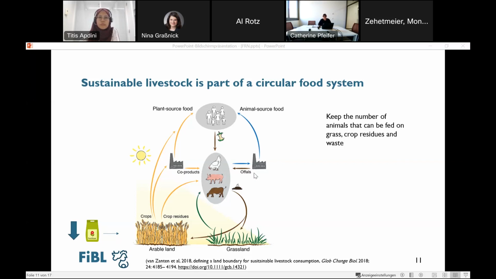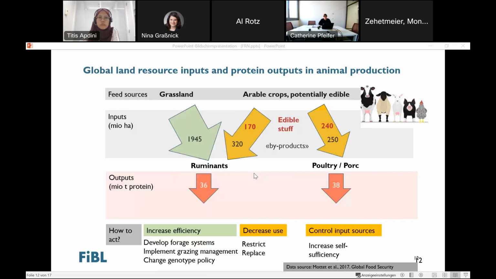So how big is that issue today about feeding, well, we call this feed no food to your animals. These are data that were taken from Mottet et al, and it shows you what is being fed to animals. And on the right-hand side, you see the poultry and the pork, and you see that actually everything that these animals eat is in direct competition with human consumption.